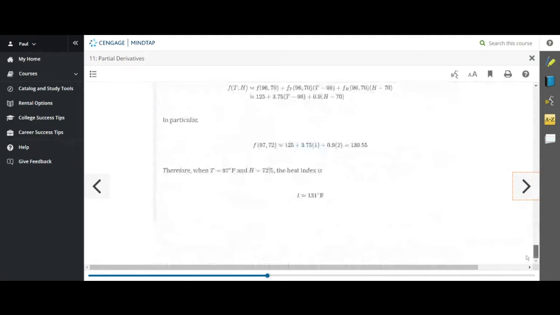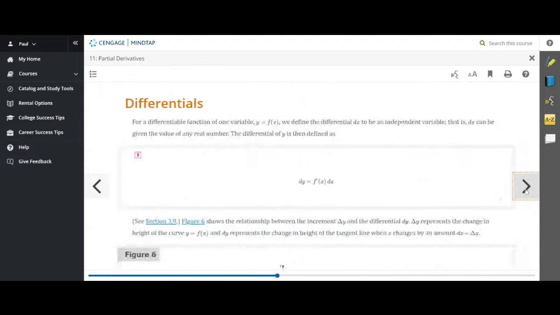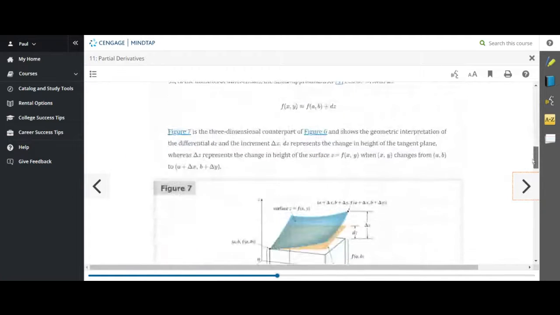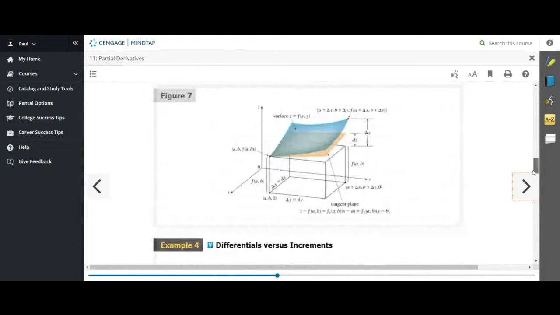Hold on, class, let me find this formula that I want. How many recall differentials in Calculus 1? Where you have delta z and dz. Well, you would have delta x, and look at the picture. Thank you, Charles. Look at figure 7.